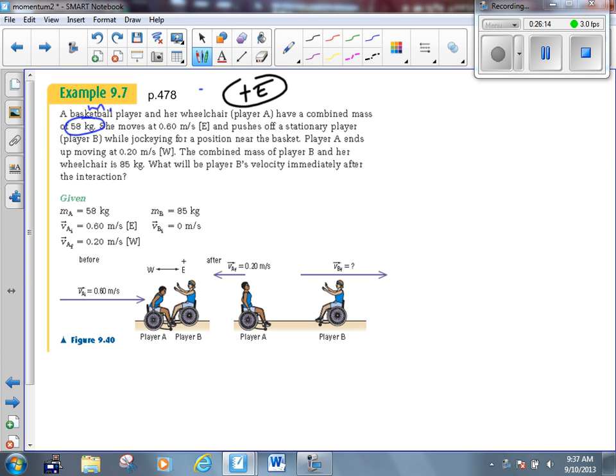I like numbers, so I'm going to call it M1. This is going to be what? V1I or V1F? V1I. Yeah. Pushes off a stationary player, player B. Player B, we're going to call M2. Her mass is 85 kilograms, and her initial velocity, we're going to call it V2I, is 0.